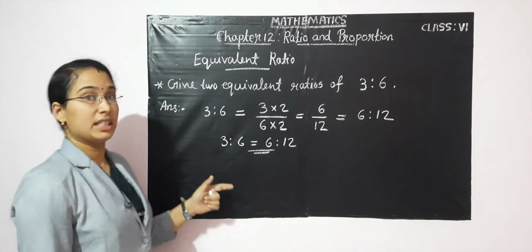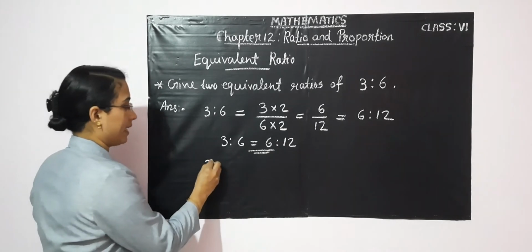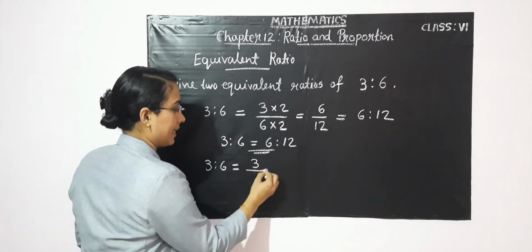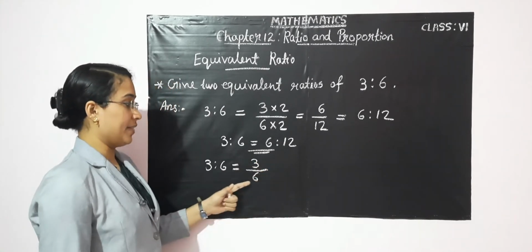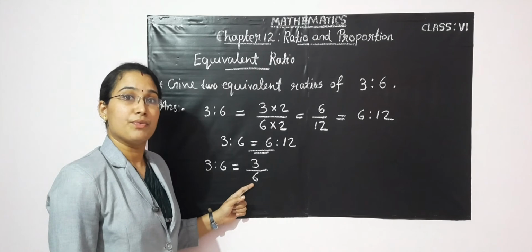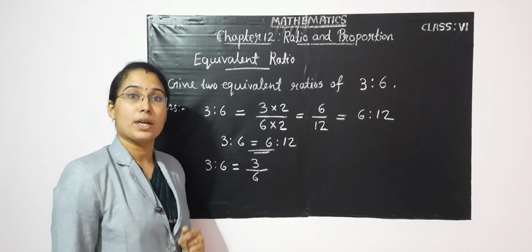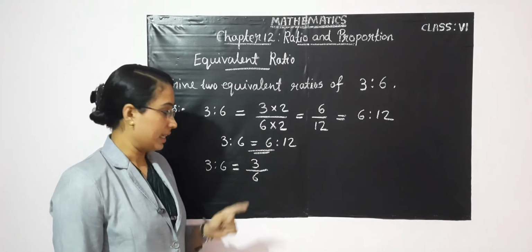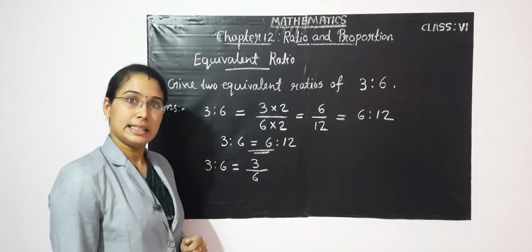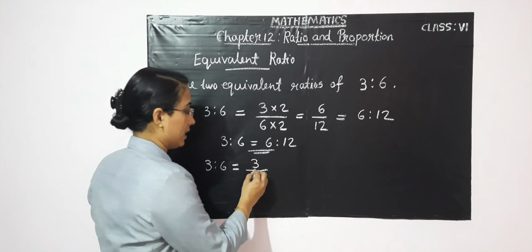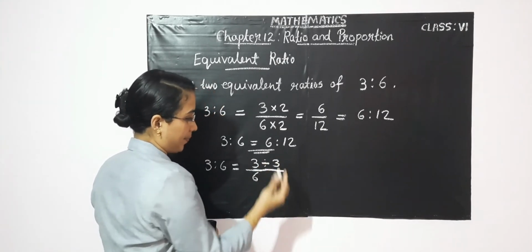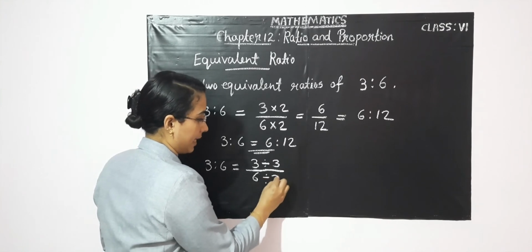Next we can use division. Okay. So again 3:6 we can write in the form of 3 by 6, and we can use division. For the division method, we need to use only common factors. That means only common factors we can use for division. Here which one is the common factor? 3 is the common factor. Then we can use 3 divided by 3 and 6 divided by 3.